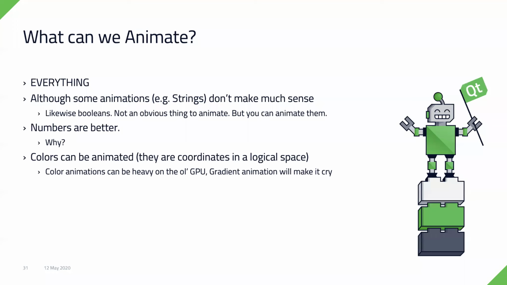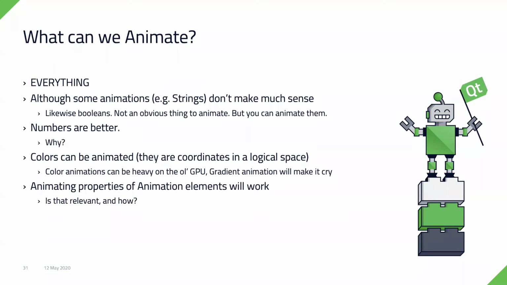Likewise, colors can be animated, and if you've looked at the way colors are defined, they're a set of numbers and a coordinate in a logical space, so it's possible to animate a color as well, and it will animate quite nicely. However, be a bit careful, don't animate too many of them because that's a lot of work for the GPU, particularly if you're animating a gradient, so have a care.